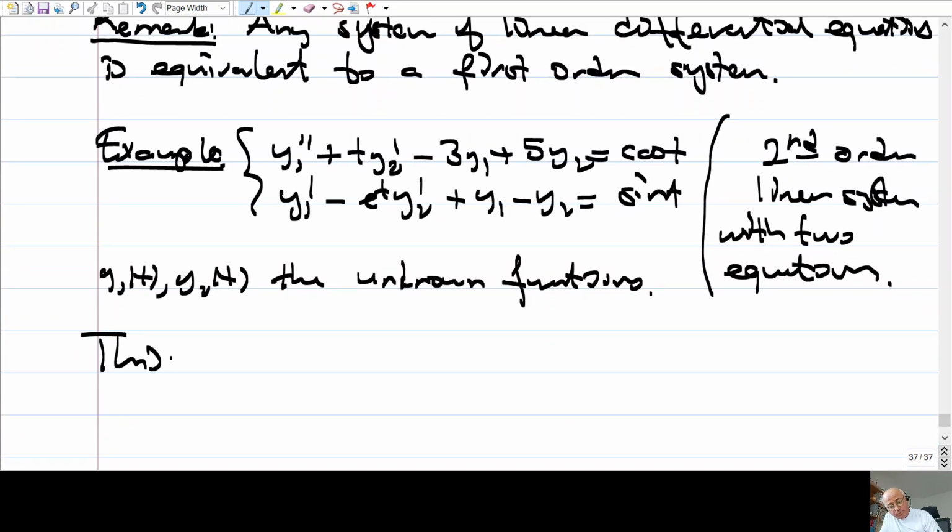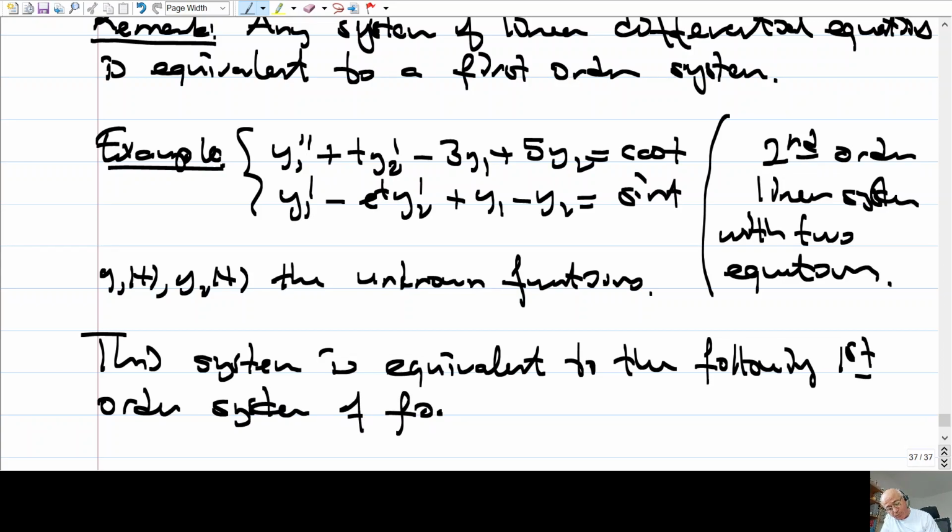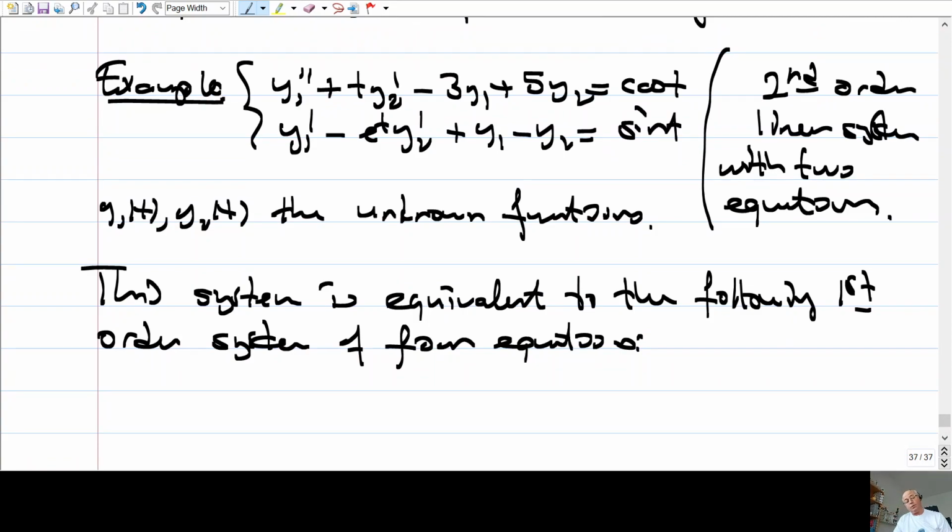This system is equivalent to the following first order system of four equations. Well, let's see how we write down that system. What we will do is consider the derivatives of y's as different functions.